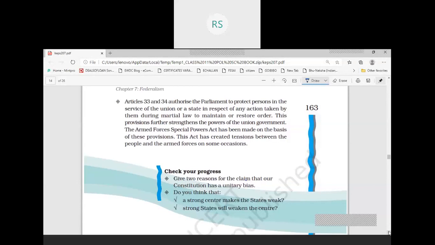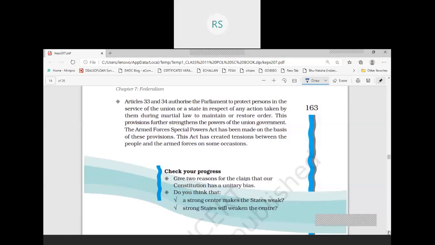According to Article 34, there will be restriction on the fundamental rights in that area, and it means that if a government servant is on duty, then he or she has the authority, he or she has the guarantee, for any act done by him or her in order to maintain law and order in that area.